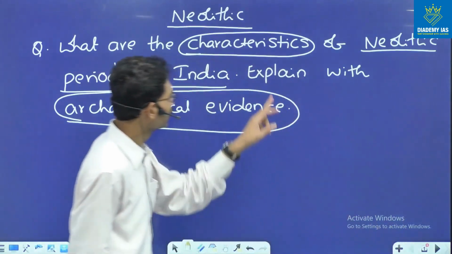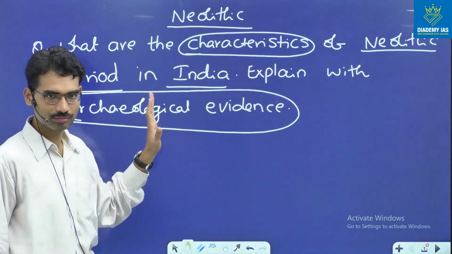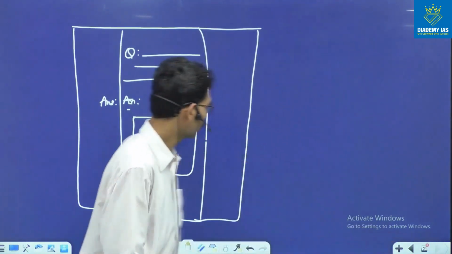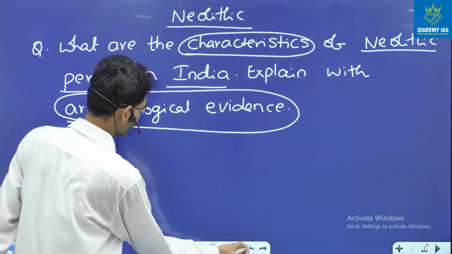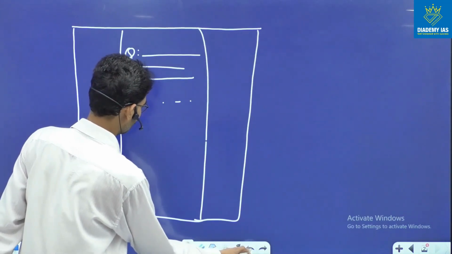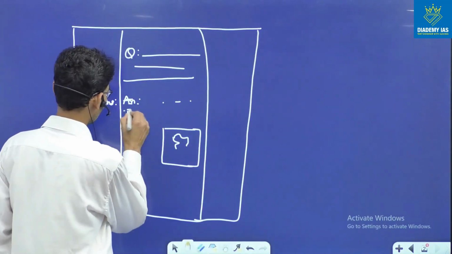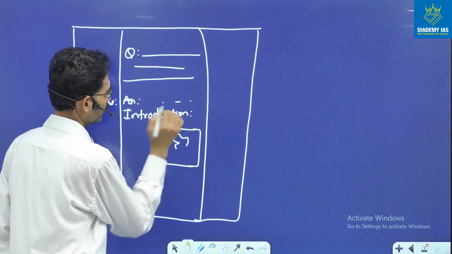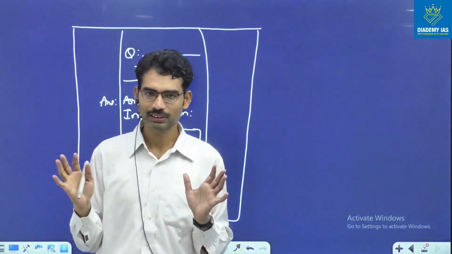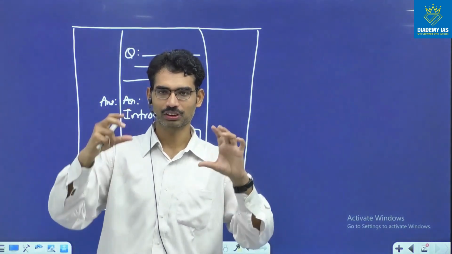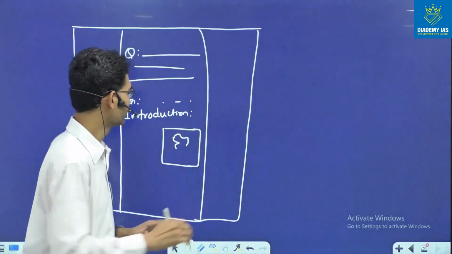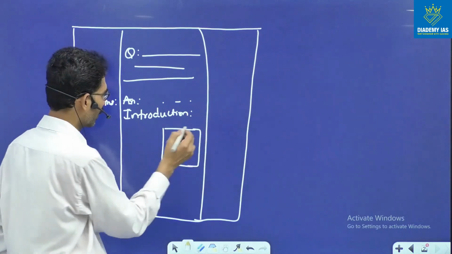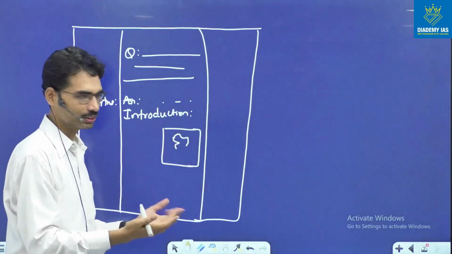Now in this part, first we have to give the introduction. While you are writing the UPSC answer, you are not going to mention introduction, body, conclusion. You are going to write straight. But the first paragraph is going to be the introduction.